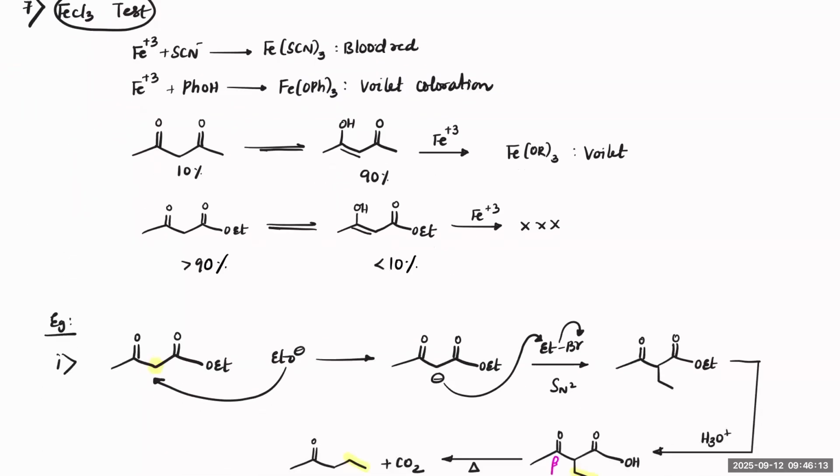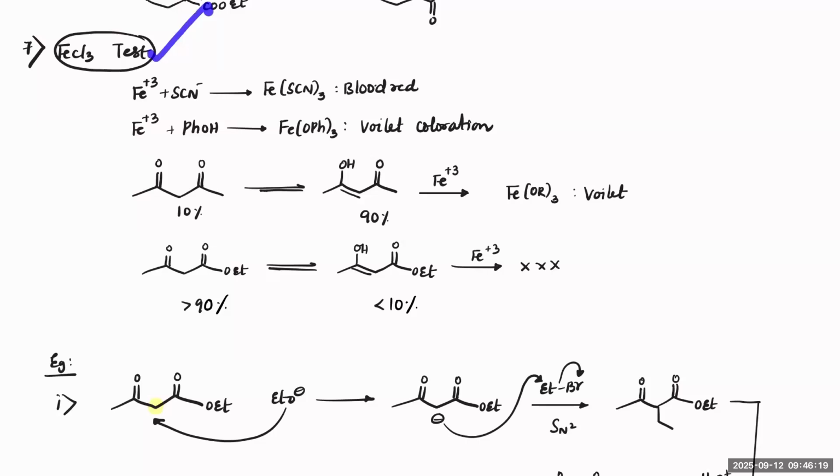Usually beta keto ester will not give the FeCl3 test as much as beta diketones. Suppose you have a ketone here, this ketone will have more enol content than keto content. And Fe plus 3 will only respond to the enols which are in larger quantity.